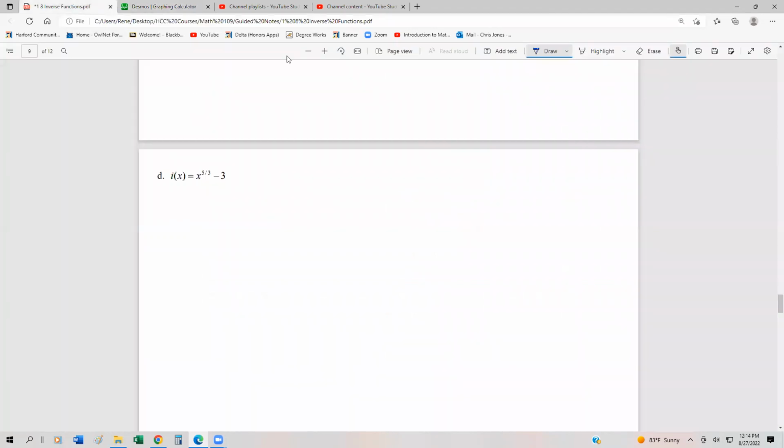So for this one, for part I, we would say yes, it seems to pass the horizontal line test.